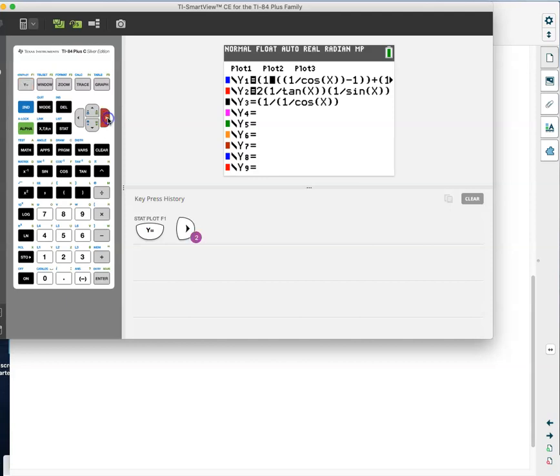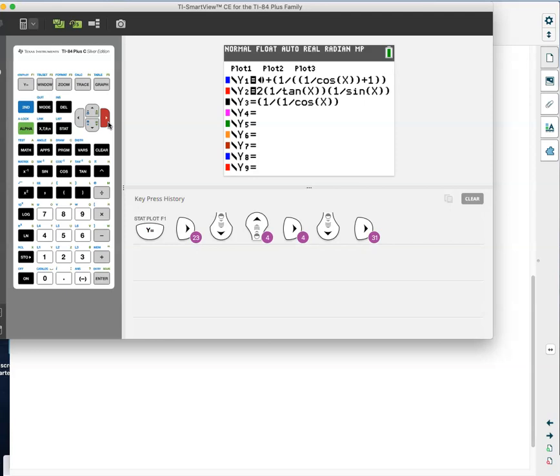So here is the 1 over parentheses, parentheses, 1 minus cosine of x, parentheses, minus 1. So there's the first little fraction, plus, and there is the second fraction. Lots of parentheses to get it to do it right.